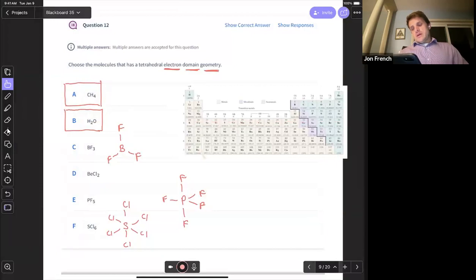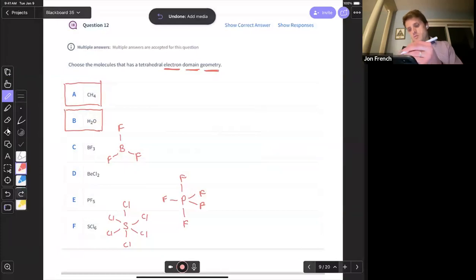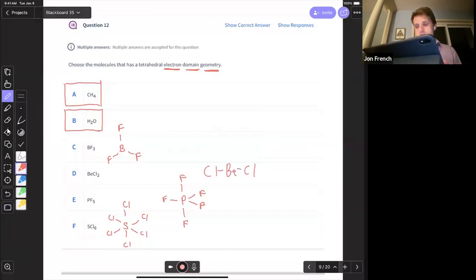Beryllium chloride would just be linear. Right, so beryllium chloride would be linear in that case. Just the molecular geometry table. Yeah, right. So good question, right?